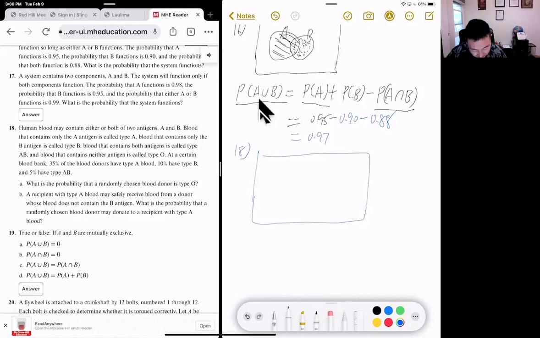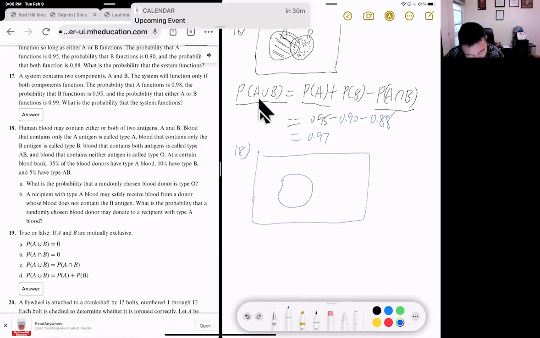Yeah, a certain blood bank, 35% of blood donors have type A blood. So let's say this is the sample space. The total is 100. And let's circle A, circle B. And 35 is type A blood.